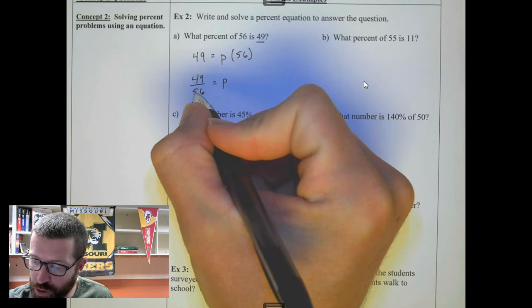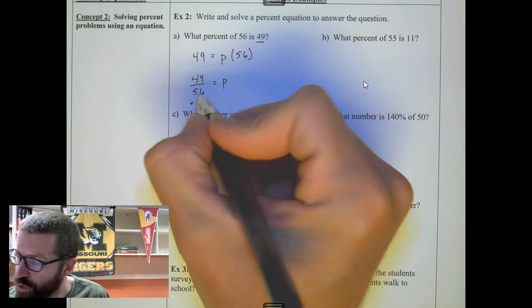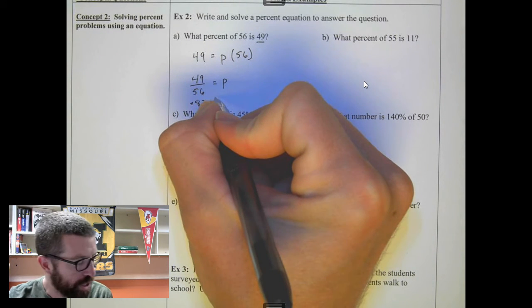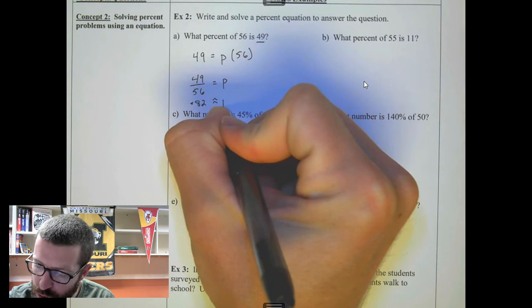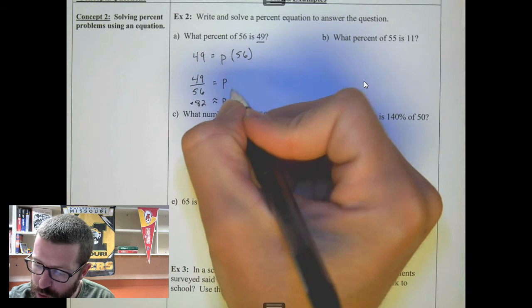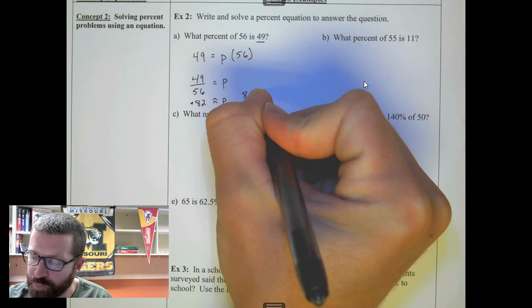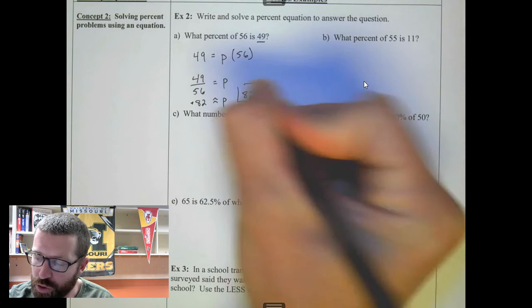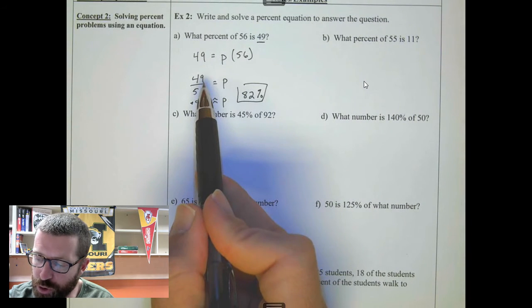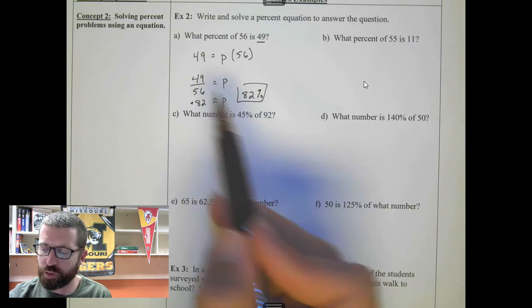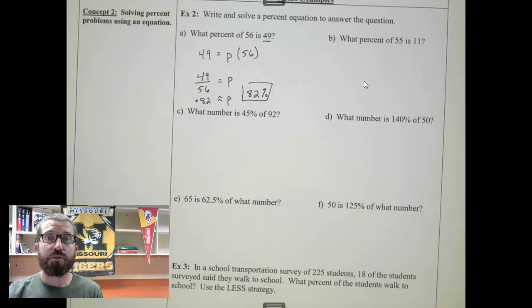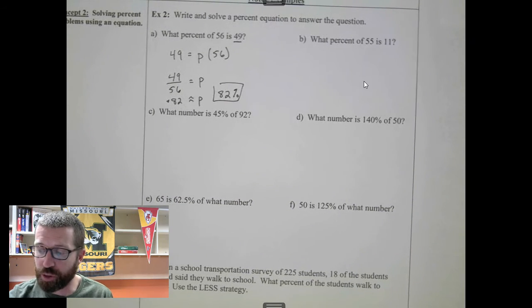So P is about 0.82, is what we'll round to. And so then move the decimal 2 places, and that's 82%. And so if you got 49 out of 56 on a test, you got an 82%.